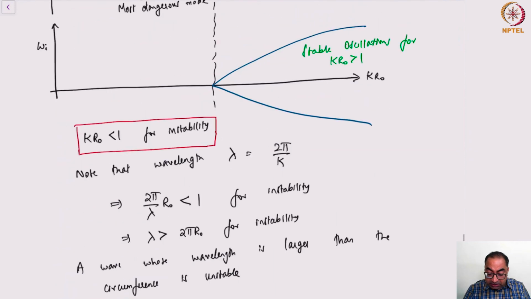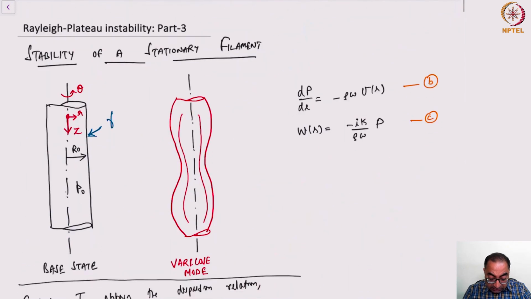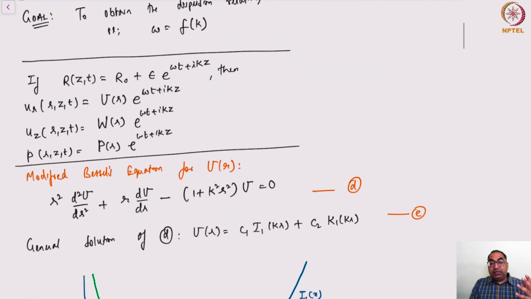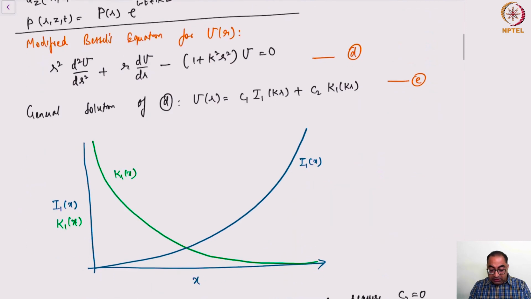Let me quickly summarize what we've achieved in the last few lectures. We started with the stability of a stationary filament. We linearized the equations, wrote down the normal mode form, and then the governing equations reduced to a bunch of coupled ordinary differential equations.